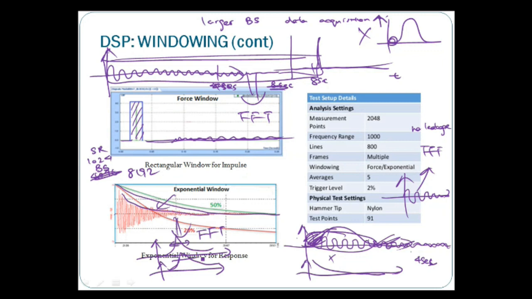So if your system is high damping, okay, the signal is high damping, very fast, meaning it decays very fast to 0, maybe in 2 seconds it is done, then probably you do not need an exponential window at all, right? So you can straight away use 1024 or 2048 within 2 seconds.